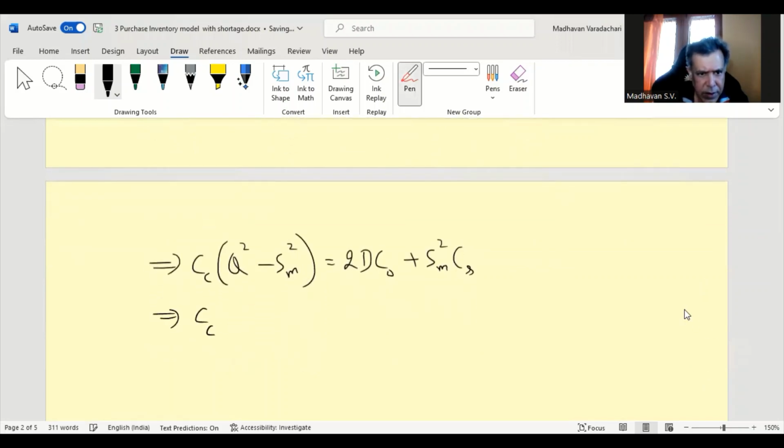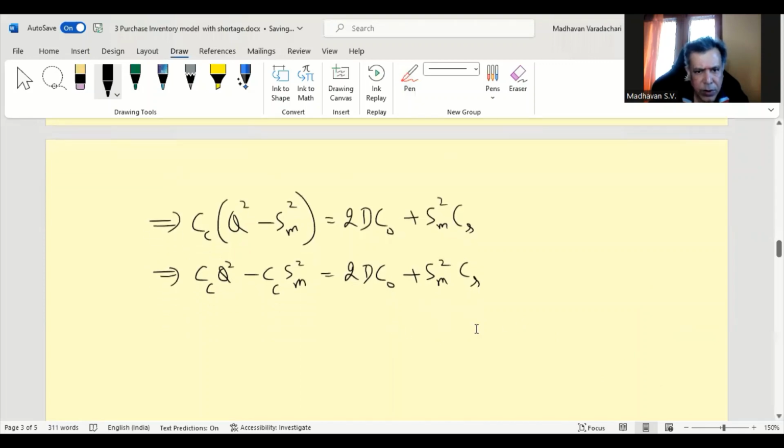It becomes Cc Q square minus Cc Sm square is equal to 2DCO plus Sm square Cs. Now we need to find out Q in terms of the rest of the things. So I will take this to the right side. Means you will have now Cc Q square is equal to 2DCO plus Sm square Cs plus Sm square Cc. Means this term I am taking to the right side, it becomes positive.